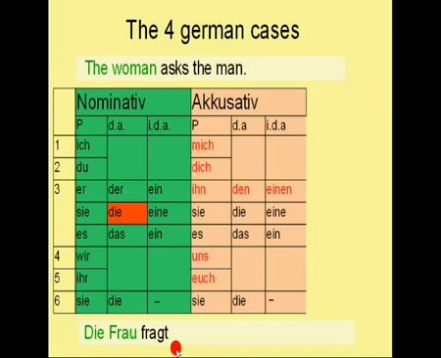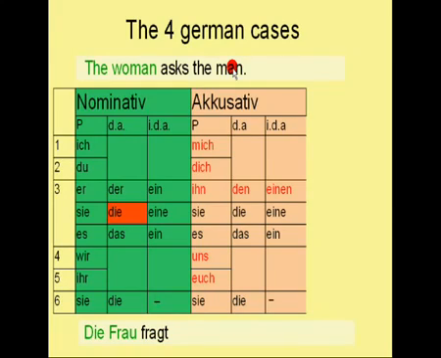Now obviously the man is left, and the man is therefore the accusative object. And therefore the man is the direct object. So let's see, is it a definite article or an indefinite article? It is a definite article. Man is a noun.